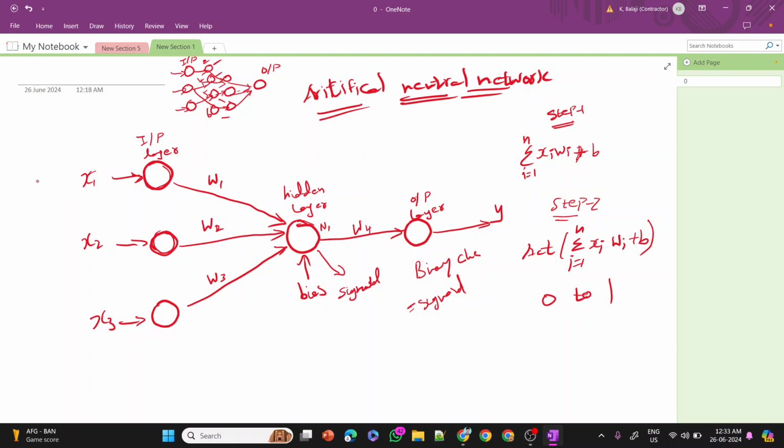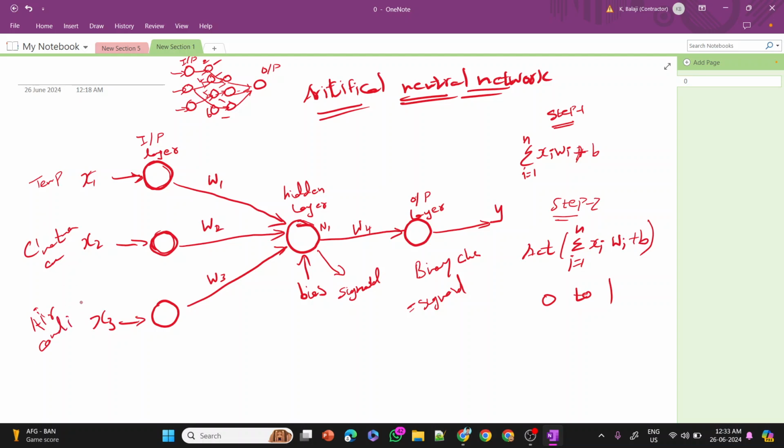Like x1 will be temperature, and x2 the climatic condition, meaning whether it was sunny, and x3 will be the air condition.